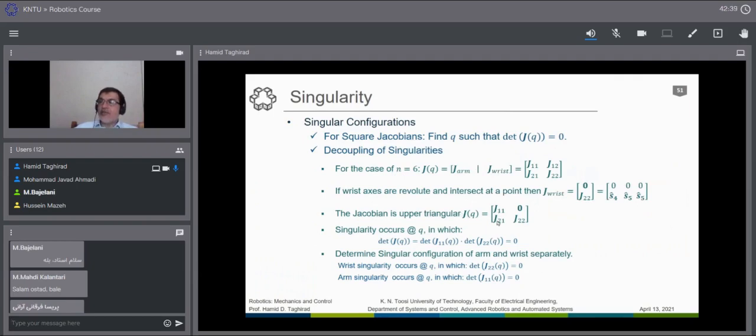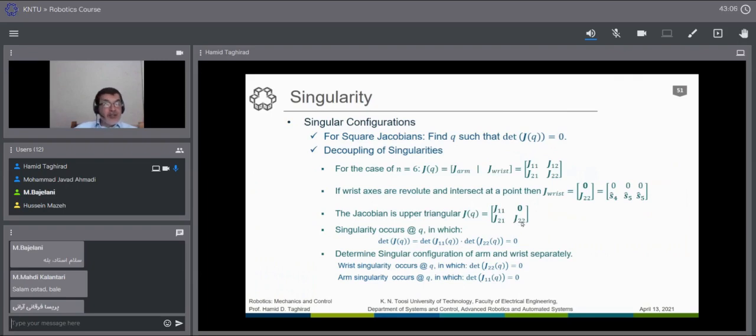So the Jacobian becomes this way, and this means that we can decompose the determinant of a lower triangular matrix in terms of the determinant of the two main parts, the Jacobian of the arm, J11, and the Jacobian of the wrist, J22.